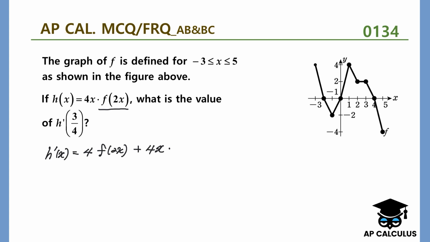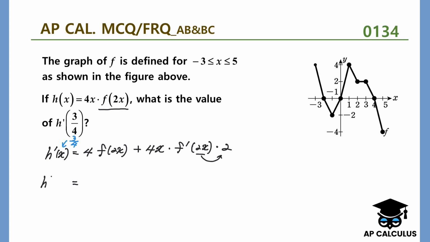Well, derivative of f is f prime. So f prime, leave this expression, times the derivative of this, chain rule, right? So I'm just going to substitute 3 over 4 for x, since the question is to find h prime of 3 over 4.